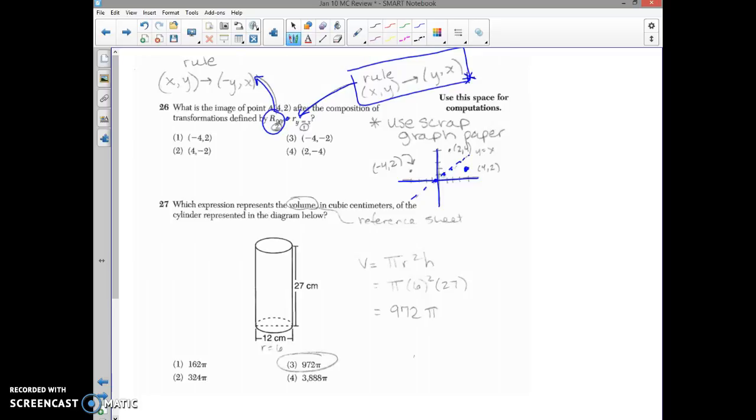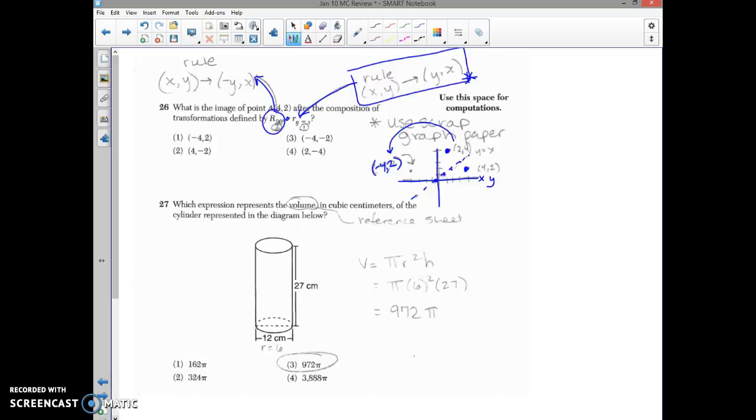If you start out with (x, y), you need to switch the order of those. So you plot the point (2, 4). You want to turn the paper counterclockwise. Unless it specifies, you're always turning counterclockwise. If you turn that 90 degrees, the new point becomes (-4, +2). Practice that on a scrap graph.